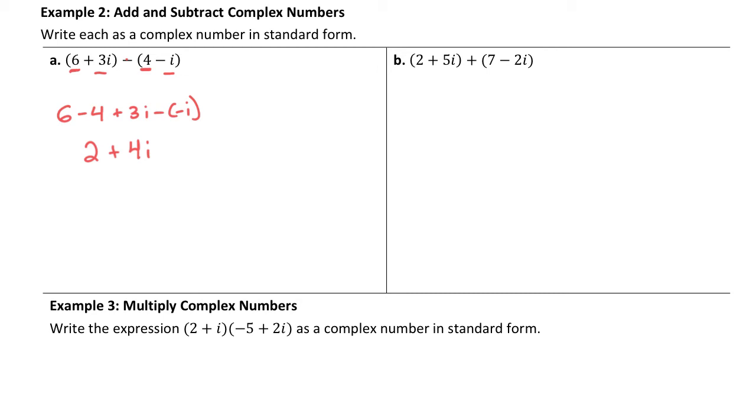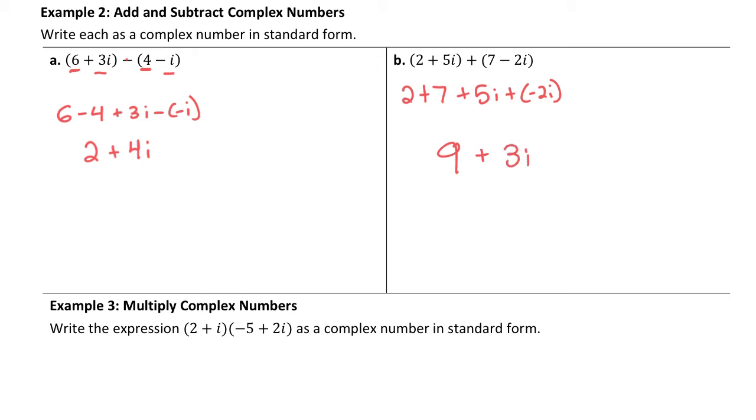For part B, we are adding. So I would do 2 plus 7, and then 5i plus negative 2i. So combining the real components, 2 plus 7 is 9. Combining the imaginary components, 5 plus negative 2, this would be positive 3i.